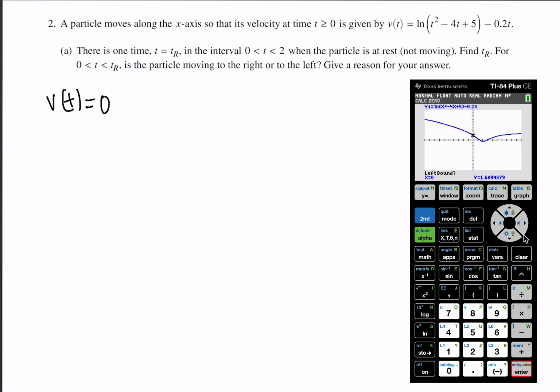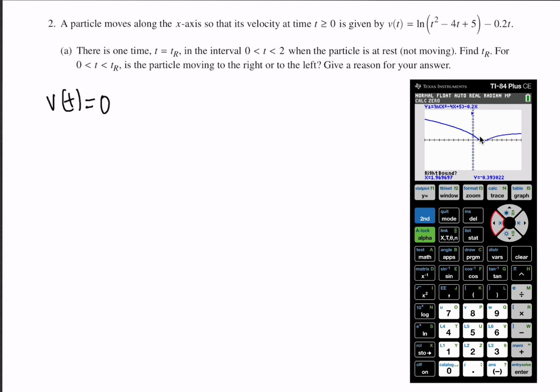And so we can hit the left bound and then keep going right and hit the right bound. Since it's also asking for tr in between 0 and 2, we want to find the zero that is greater than 0 but less than 2.